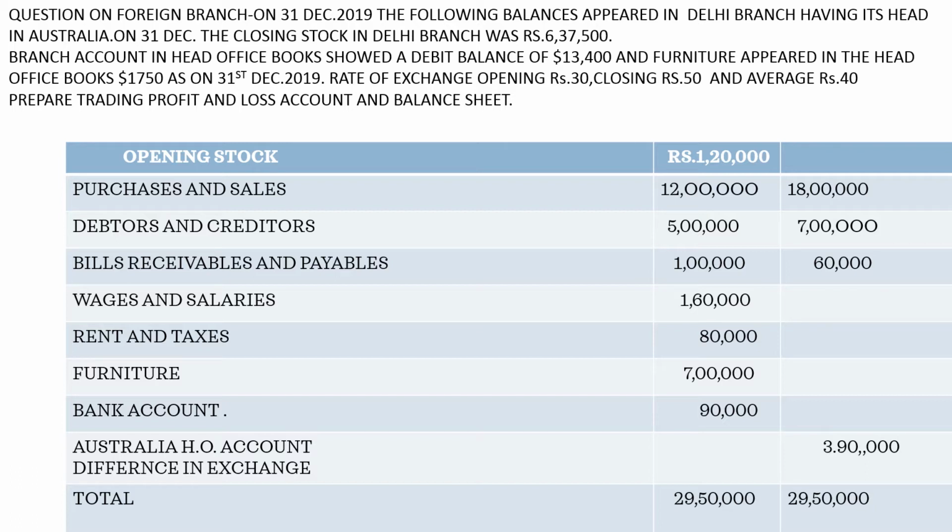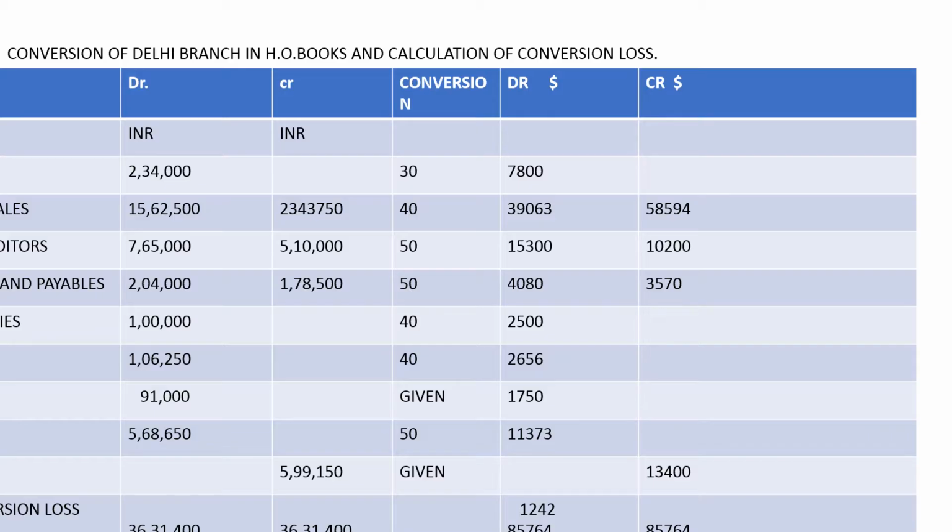The first step in foreign branch is to convert your given trial balance, that is branch currency, into head office books in the currency of head office.